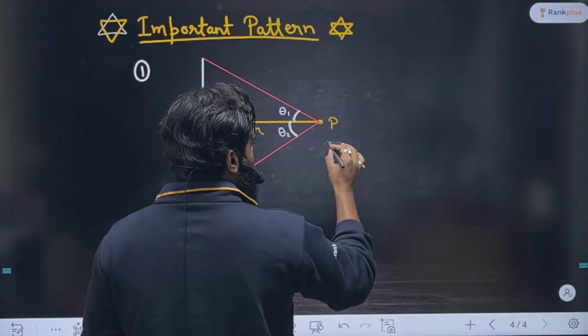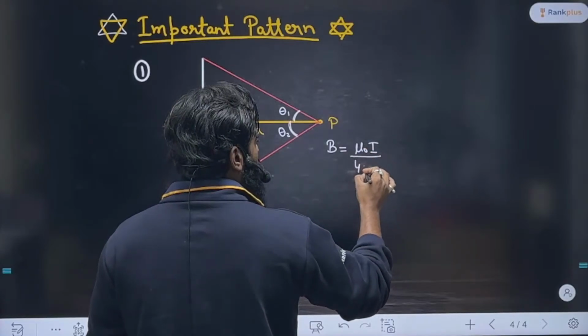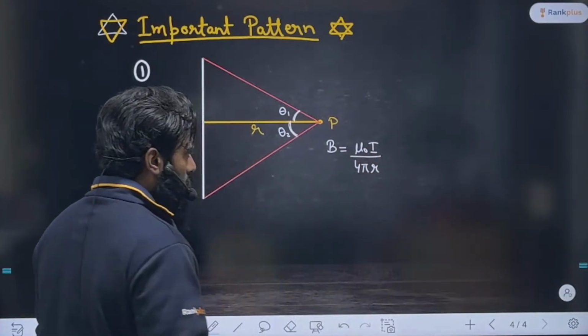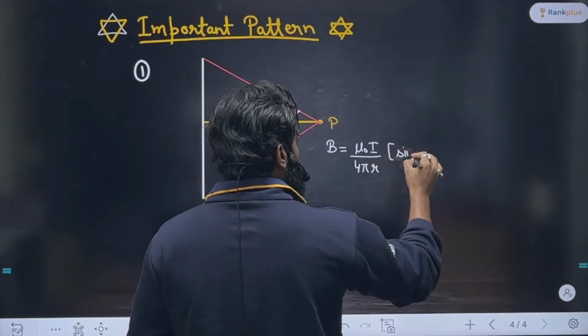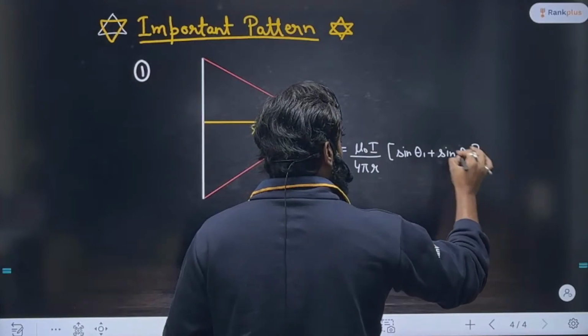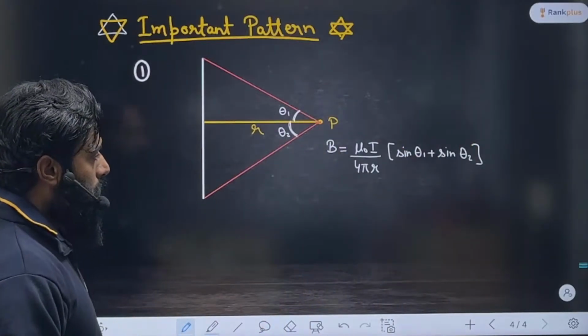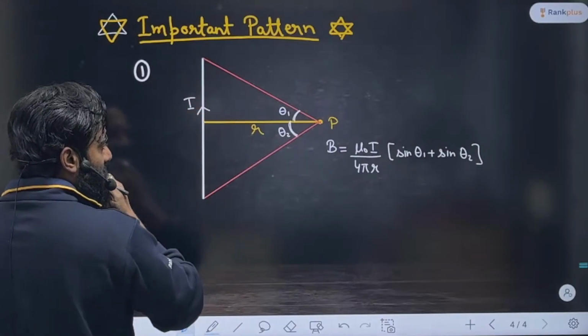So the magnetic field at this point will be equal to mu naught I divided by 4 pi r, times sine theta 1 plus sine theta 2. The current is flowing in this direction.